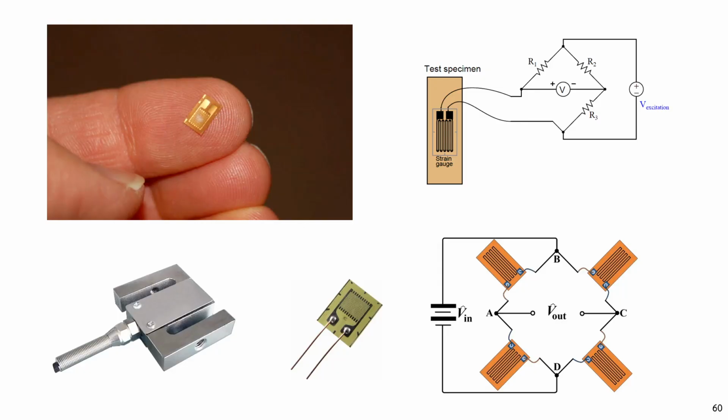Or we can use it with a Wheatstone bridge, right? Usually they get this all together, and in industrial systems they already install it together into one unit. For example, in the elevator, under the floor of the elevator, to measure the weight and transform it into a signal, right?